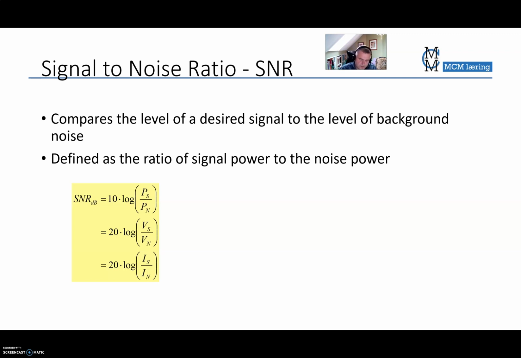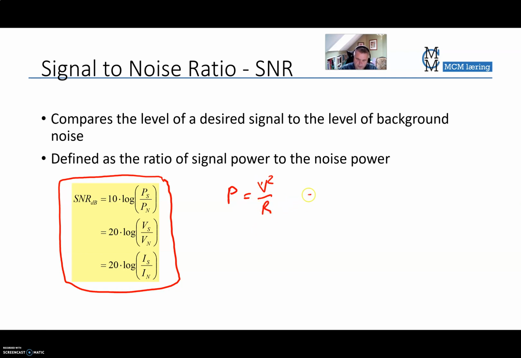Okay, so we have here 3 expressions. If we measure things in watts, like power, then you have 10 times the log of the fraction there. If it's voltage or current, you have 20 times. Why is it suddenly 20 when it's 10 times when we talk about power? Well, power equals V squared over R, or it's I squared times R. And of course, it's also I times V, current times voltage.